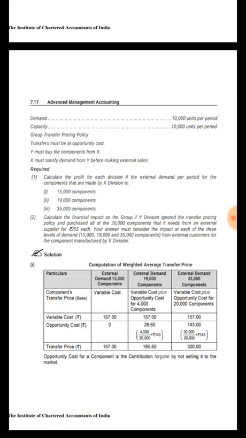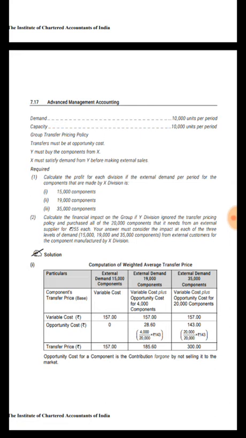So first we have to find out the profit for each division if the external demand per period for the components made by X division is the following. We have to make the profitability analysis, the profit statement, for X division as well as Y division.